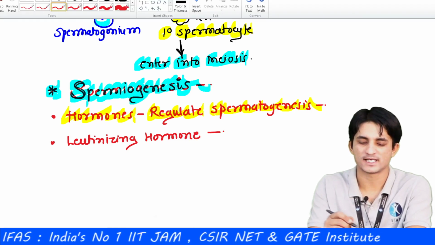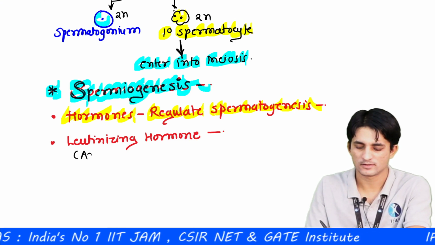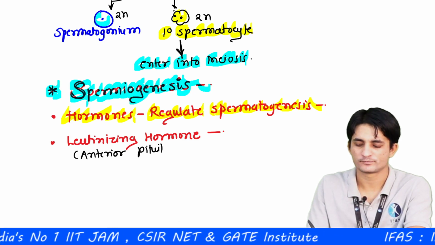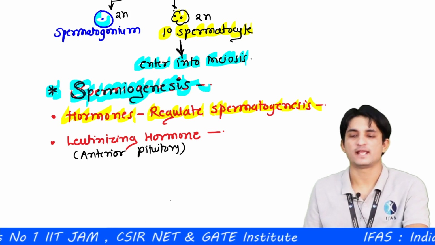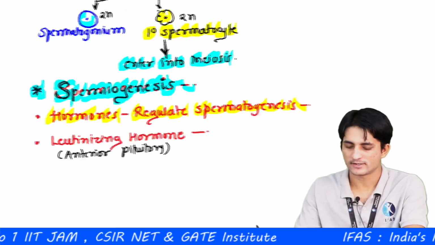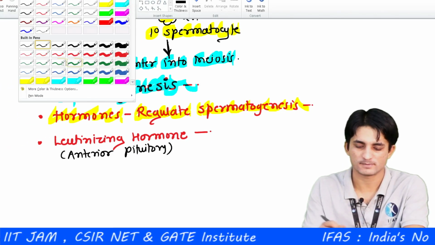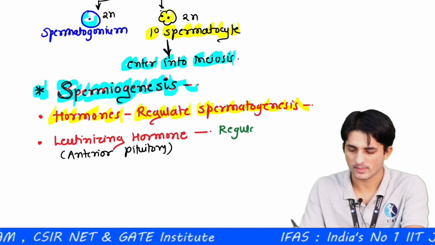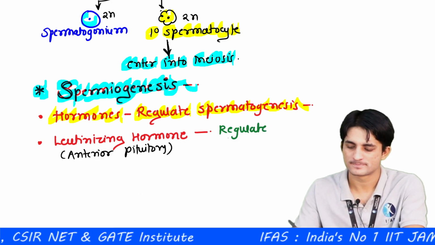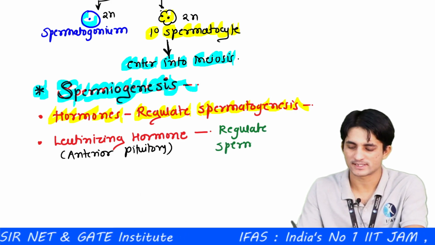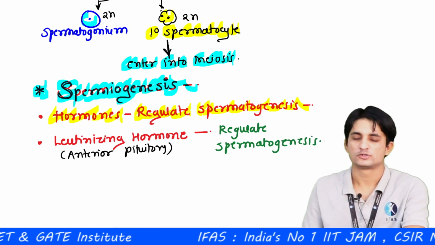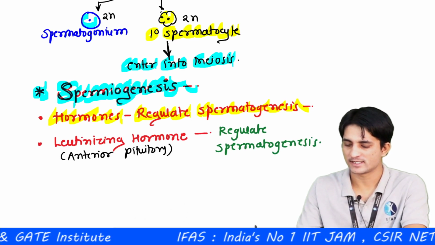Luteinizing hormone is released by the anterior pituitary gland, and it regulates the spermatogenesis. So this is the role of the luteinizing hormone.